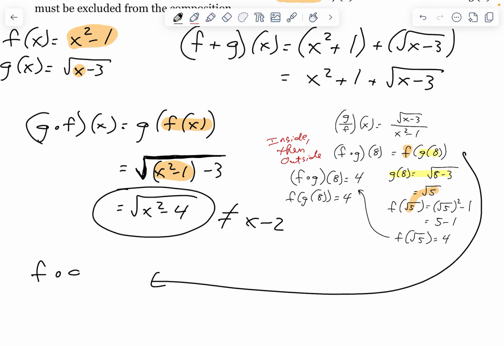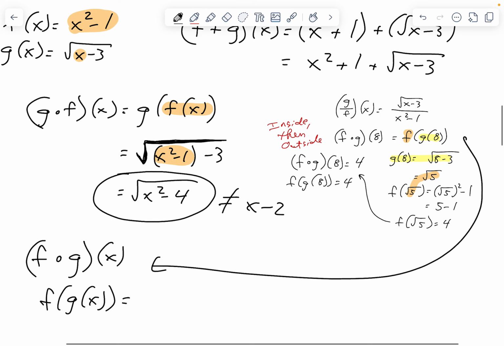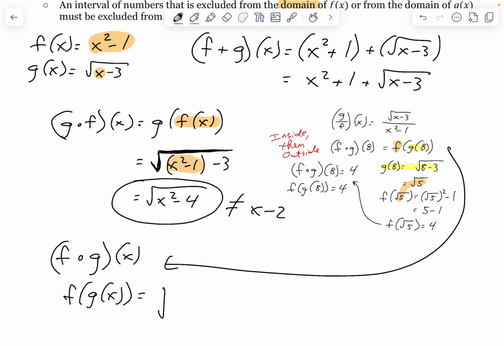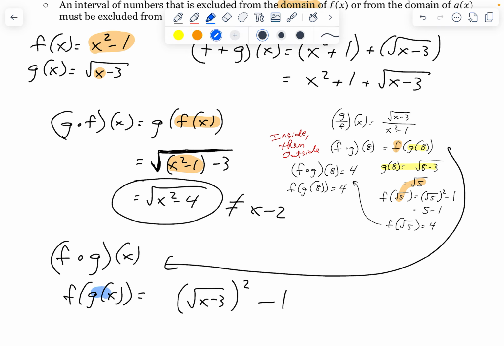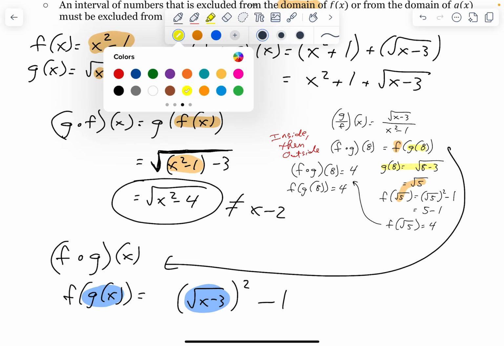If I go back to what we had over here with the numbers, f of g of x, we see the same thing that we had with the canceling of the radicals. So here we go. I take f, and everywhere there's an x, I'm going to replace that with g. So here's g, and everywhere there's an x in my original f function, since that's my outside one, g, which is right there, gets plugged in for the x's of f.